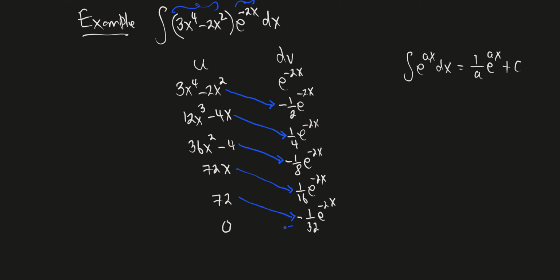So when I do the integral of v du, right? In fact, let me write that. So we're going to integrate that. And each of these, we're just going to multiply them, right? And then the other piece now, we have to remember to alternate the signs of these coefficients. So this is going to be a positive. This is going to be a negative.